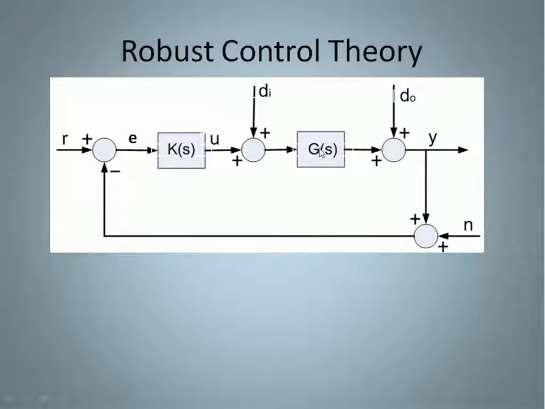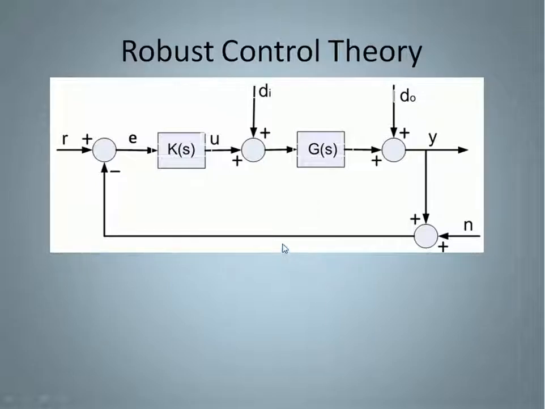We can say then that plant G(s) has variations from its nominal representation that can affect the performance of the control system considerably. In summary, when we design the controller with these goals in mind: good performance following the reference, able to reject the disturbances Di, Do, and N, and insensitive to the expected variation of the plant G(s), we are designing a robust controller.